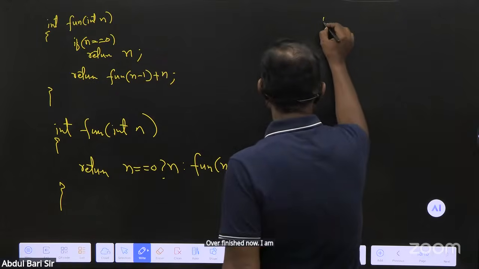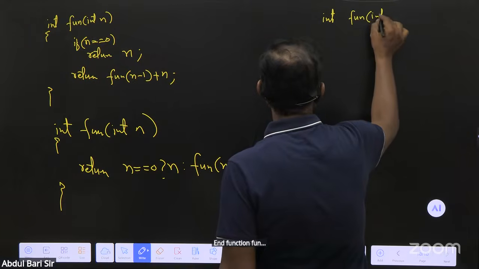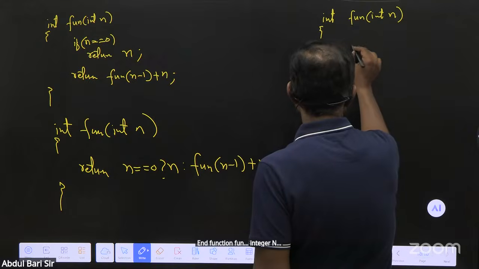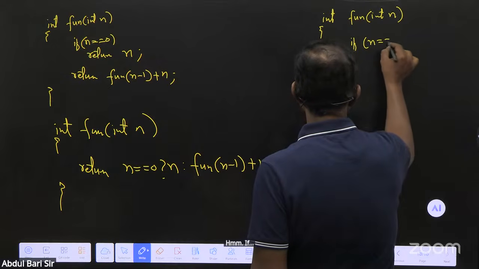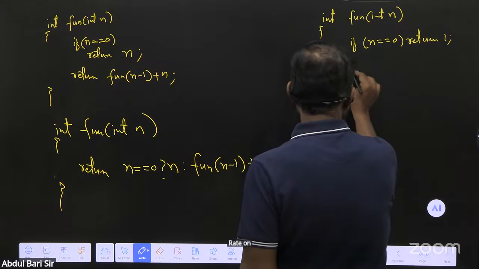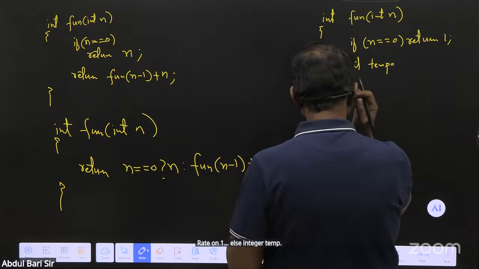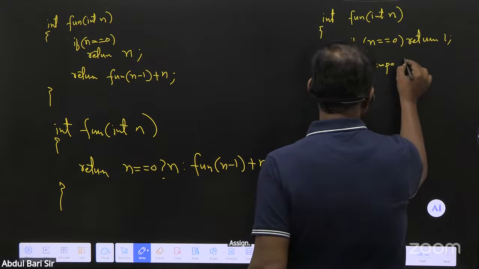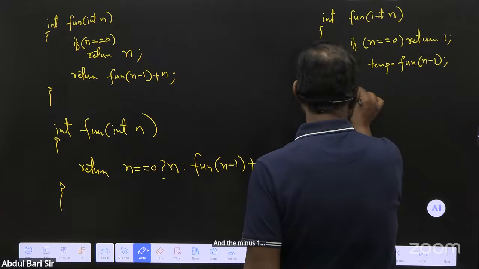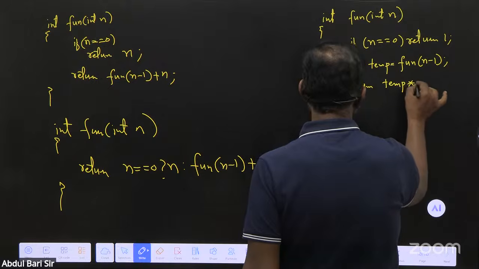Now, I am writing a function here. Int fun, integer n. If n is equal to 0, return 1, else integer temp assign function of n minus 1, return temp into n.